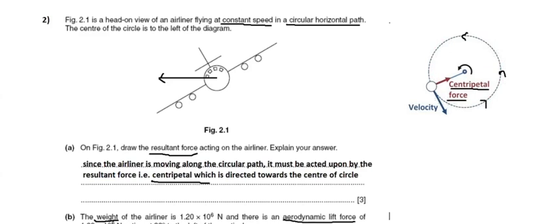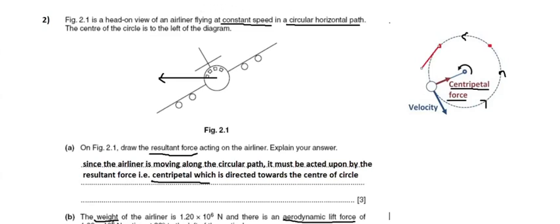Suppose the object is over here at this point, and suppose the object is here at this point, and between these 2 points the object is moving continuously. See, the velocity is always tangential. Velocity should be in this direction here.